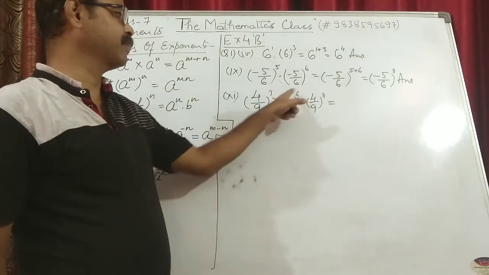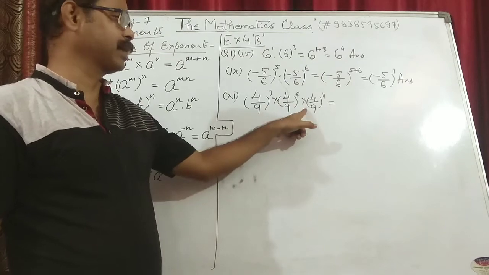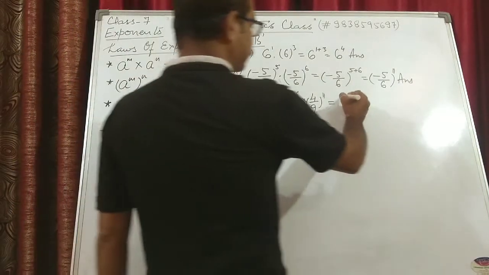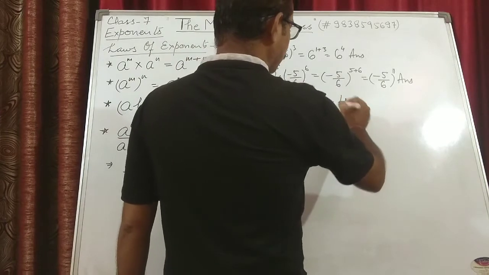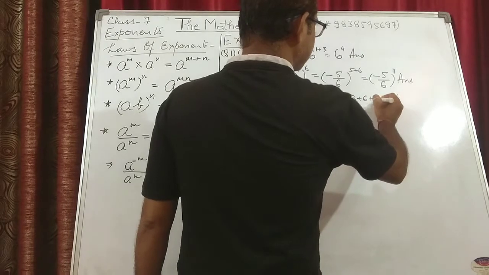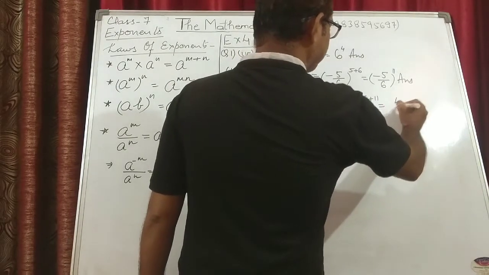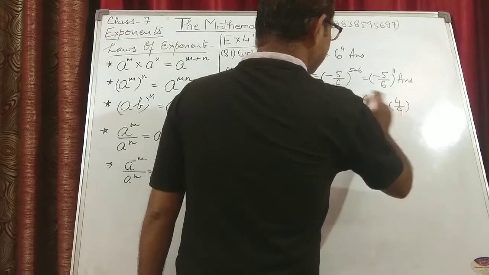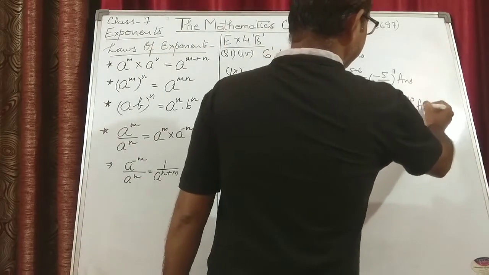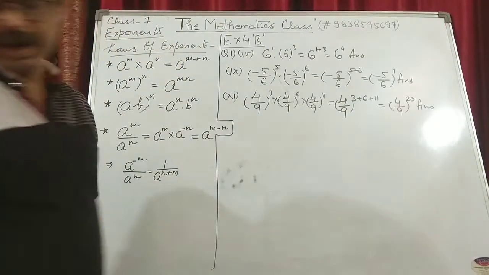Bases are same, powers are different, in between there is a multiplication sign. So what will happen? All the powers will be added. So we can say 4 upon 9 to the power 3 plus 6 plus 11. So that will be 4 upon 9 to the power 3 and 6, 9, and 11, 20. That is the final value.